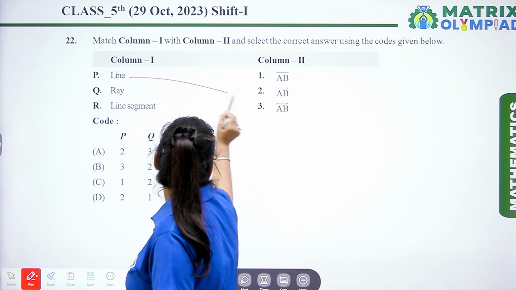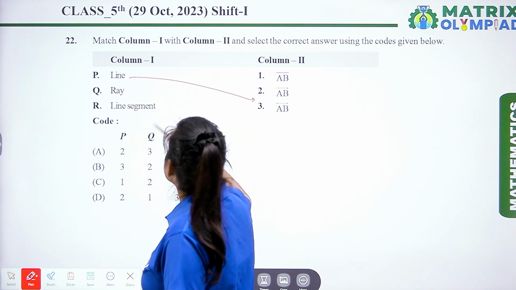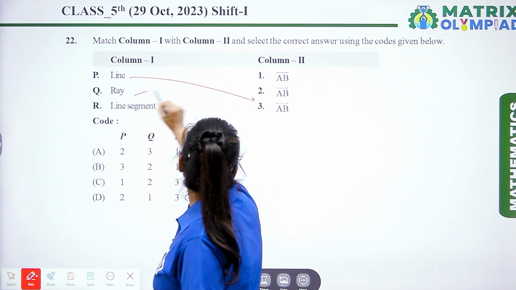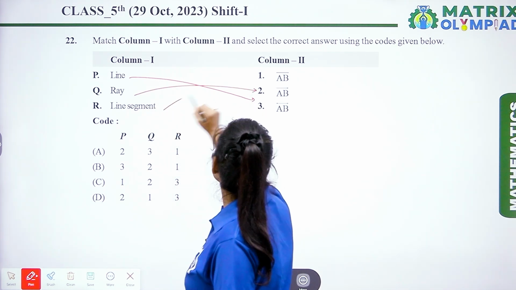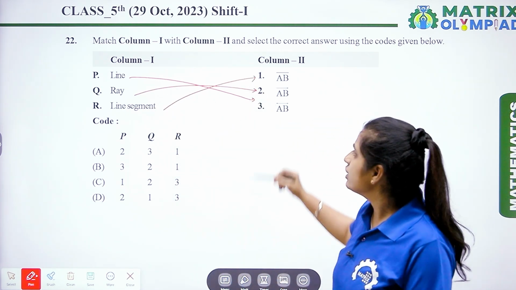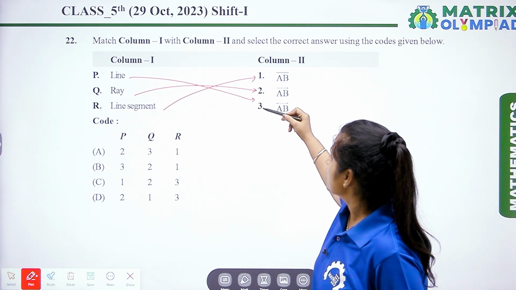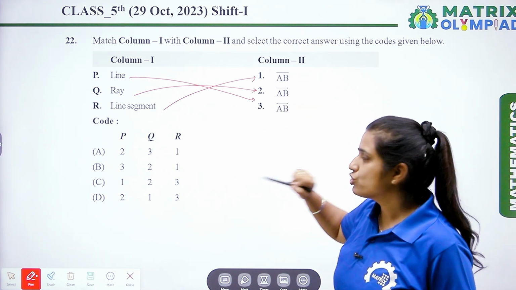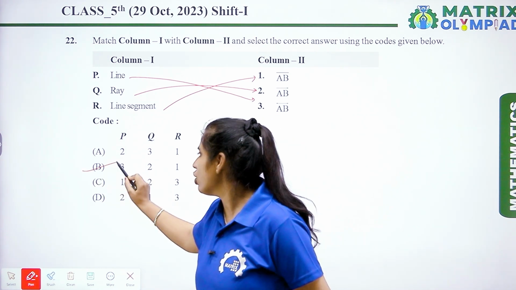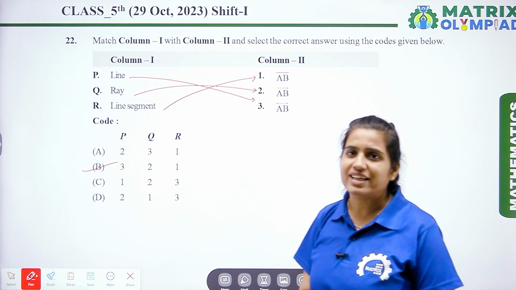Here line is AB line, ray is for 2 and line segment for 1. Here the correct sequence is 3, 2, 1. So 3, 2, 1 is in option B. So option B is the correct answer.